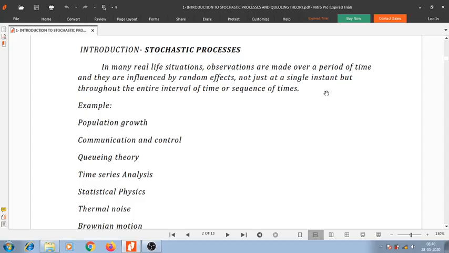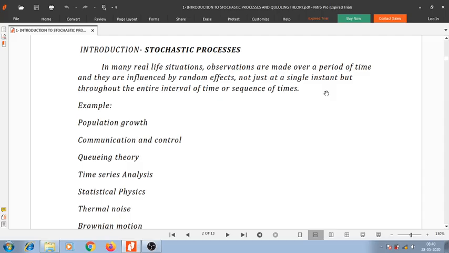In many real life applications, our activities function with time. Naturally, those models are under stochastic model or stochastic process or random process.